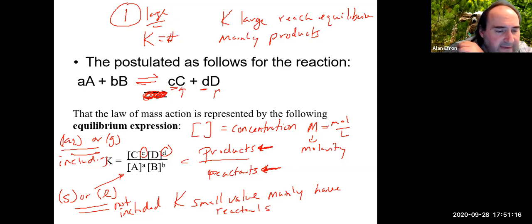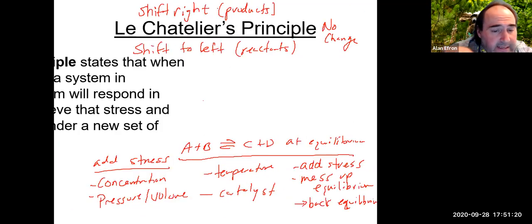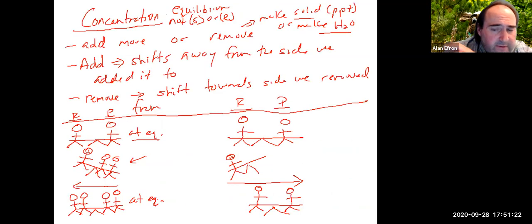So we could take advantage of that by making a solid or making water, which is a pure liquid, and that's one way to remove something from a solution. Obviously, if you make a solid, you'd be able to see it physically. If you make water, you usually can't see it because it's just H2O, but it is one way we could remove something. So that's two stresses, adding or removing concentration.